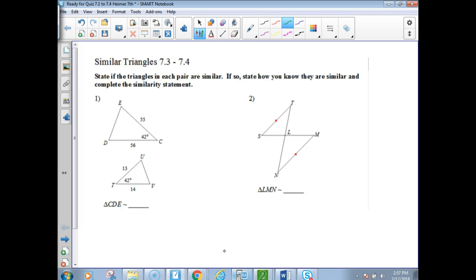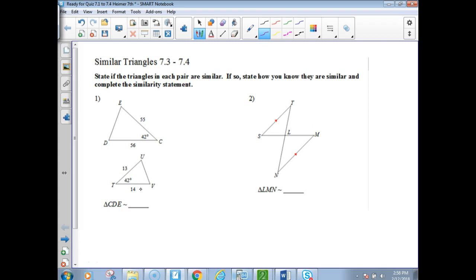Okay, to review another thing that we've learned. It states, if the triangles in each pair are similar, if so, state how you know they are similar and complete the similarity statement. Okay, well, you can't just say, well, they look like it. That doesn't work. So we're going to have to show if they are by showing whether the sides are in the same ratio.